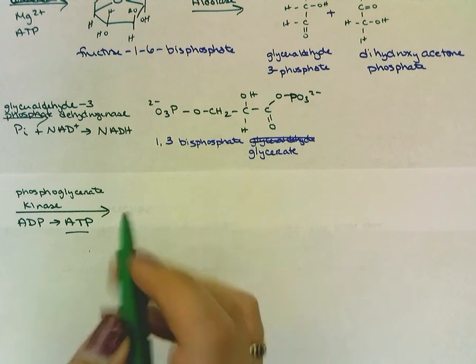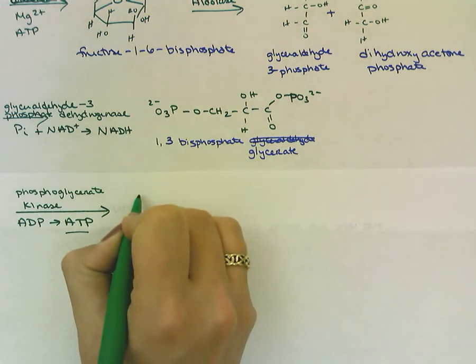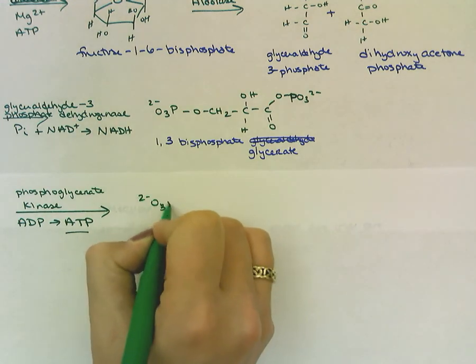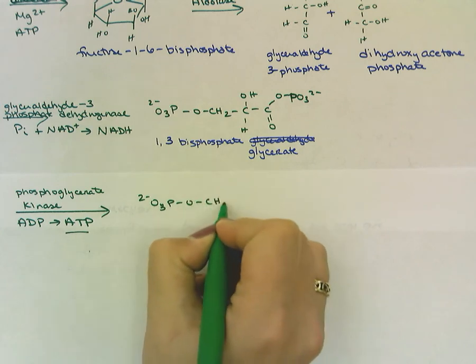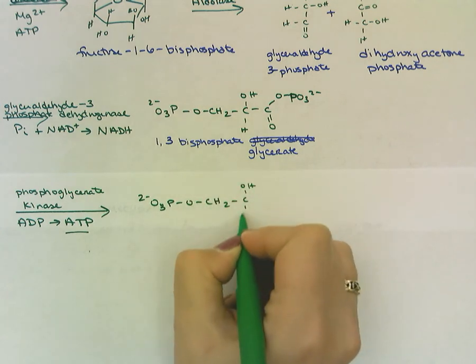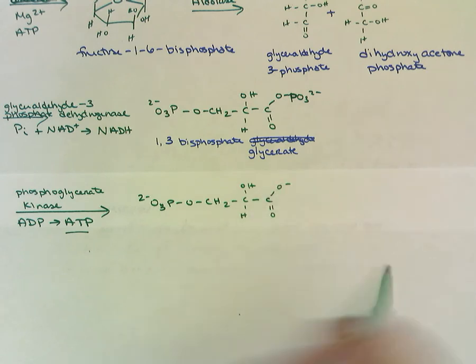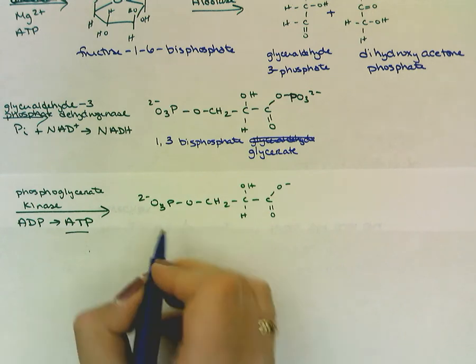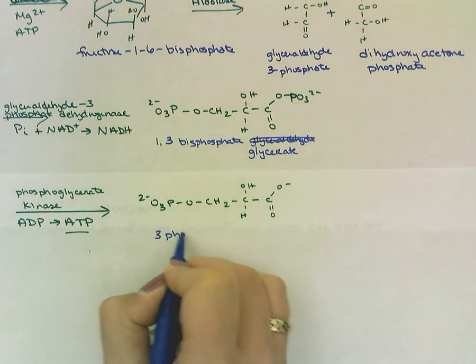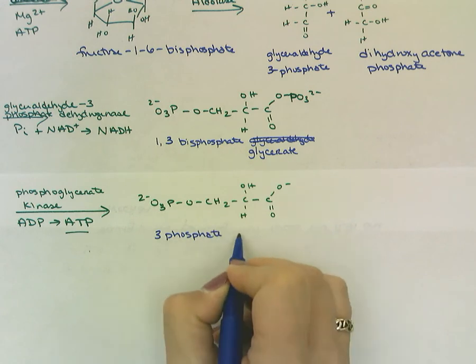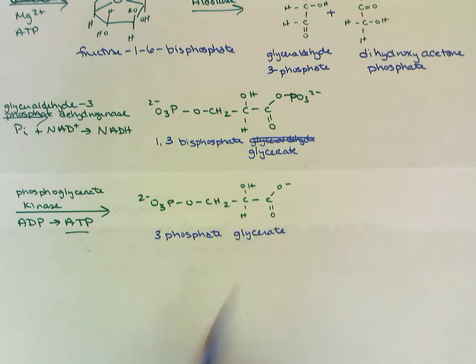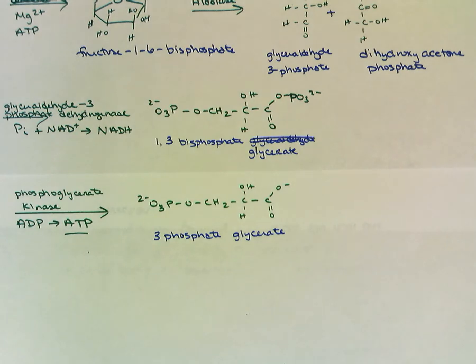It is going to cleave off a phosphate group off of this molecule. And so where it was 1,3-bisphosphate glycerate, now it's just 3-phosphate glycerate because it's lost the other phosphate.